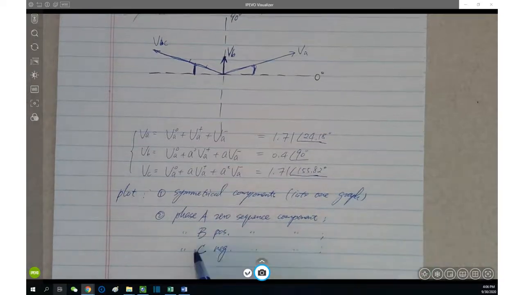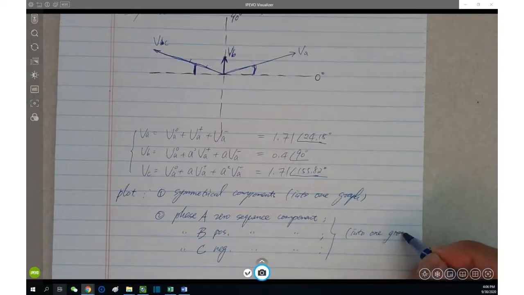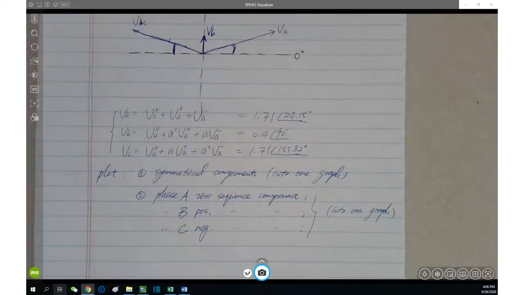These three things into one graph, or say into another graph. Let's see if these are clear. All right, I'll give you guys sort of 3 to 5 minutes. Try to plot these.